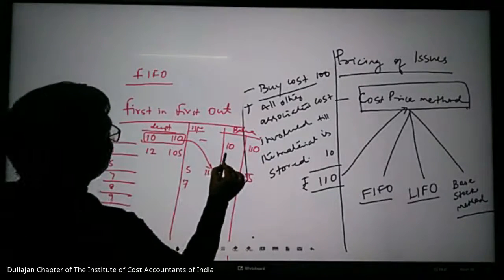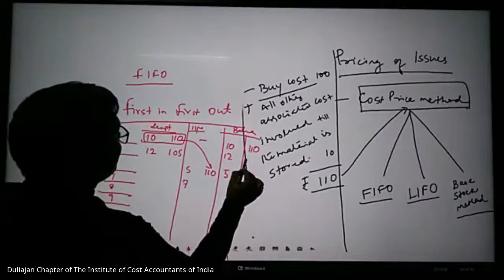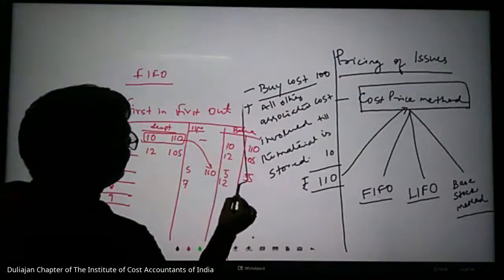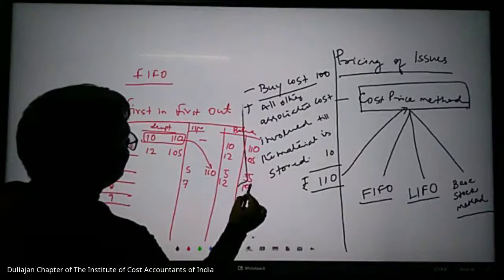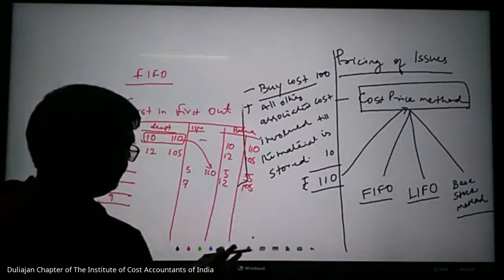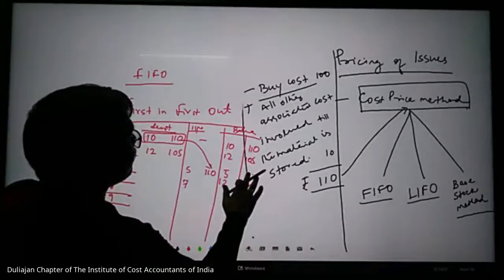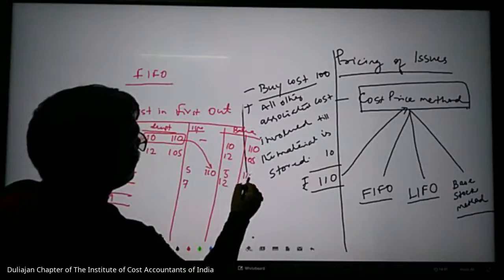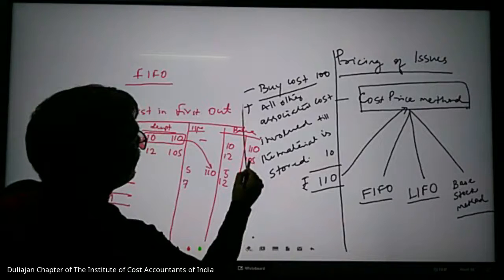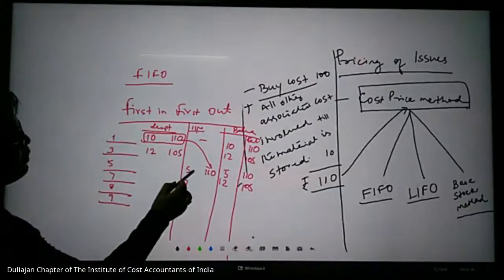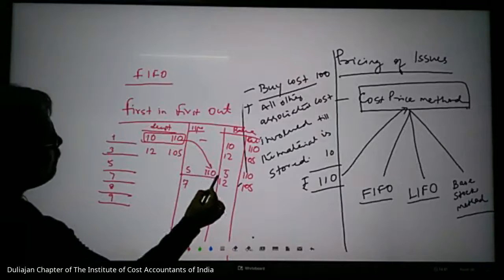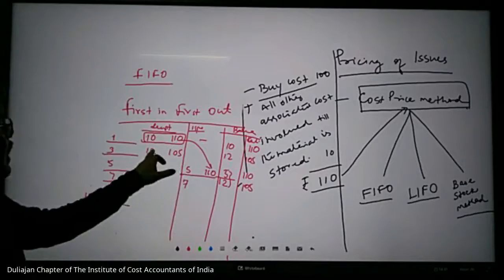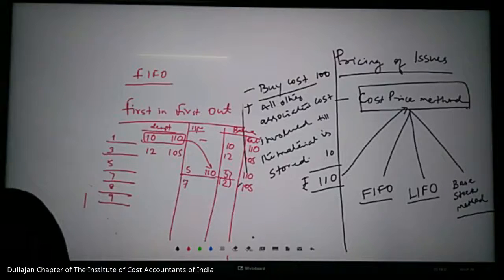Here I have got 12 at 105. This is at the rate of 110. See, after issuing 5, I have got 5 numbers here and the second lot of 12 is almost there with me.